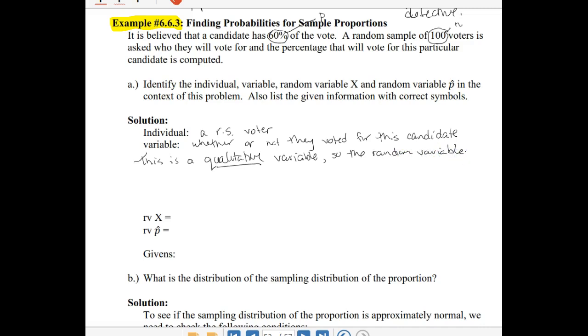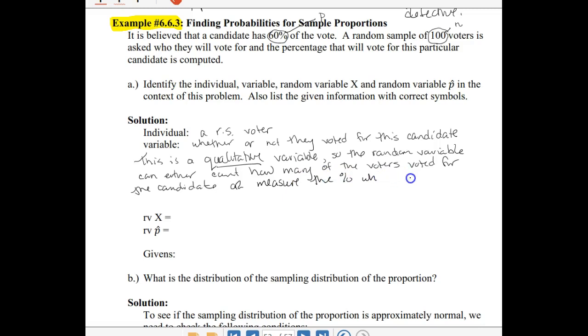Since we have qualitative data, the random variable can either count how many of the voters voted for the candidate, or it can measure the percentage who did. So that gives us our two choices for random variables.